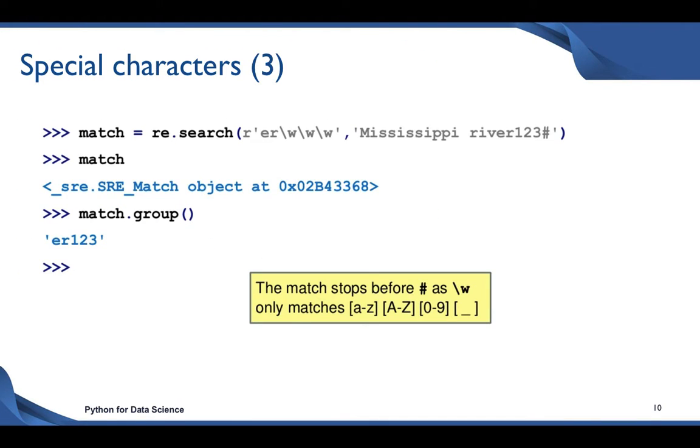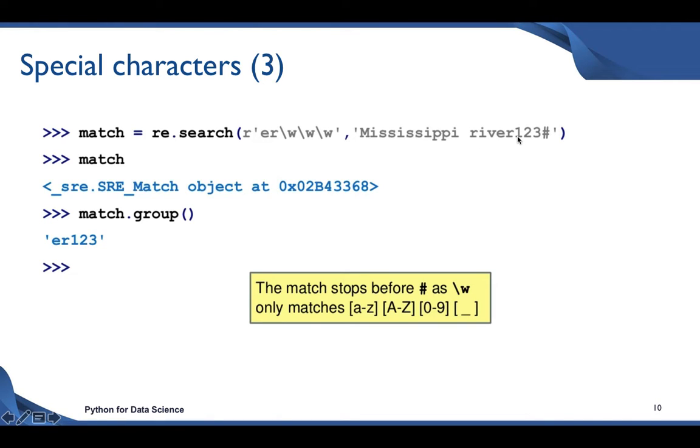Then we wanted to find the words, then ER. We wanted to find ER, and after that we wanted to find \w. This is one word, and earlier we have studied that \w takes lowercase a to z, uppercase A to Z, and 0 to 9 and underscore.